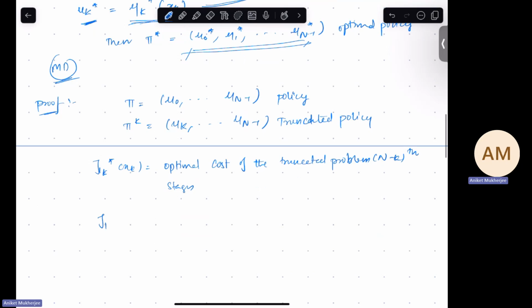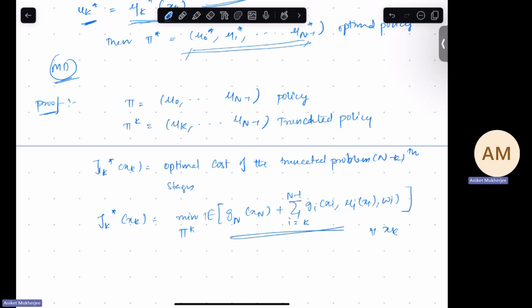Mathematically, this was given as J k star of xk equal to the minimum over pi k of the expectation of g n of xn plus the summation from i equal to k to n minus 1 of g i of xi, mu i of xi, wi. This is for all xk.